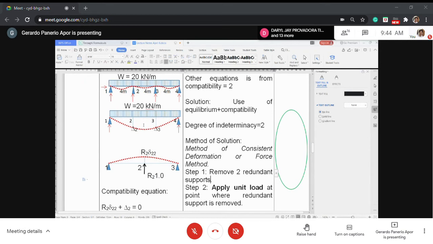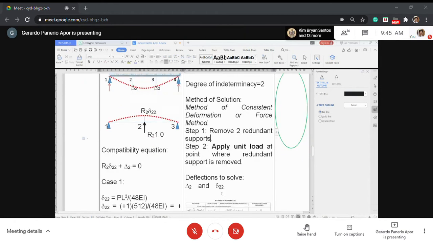So if you can determine delta 2, because they are of equal distance from the left and the right support, from the reason of what we call this symmetry, delta 2 and delta 3 are equal. Okay, they are equal. And there's no need to determine delta 3 if you know delta 2.